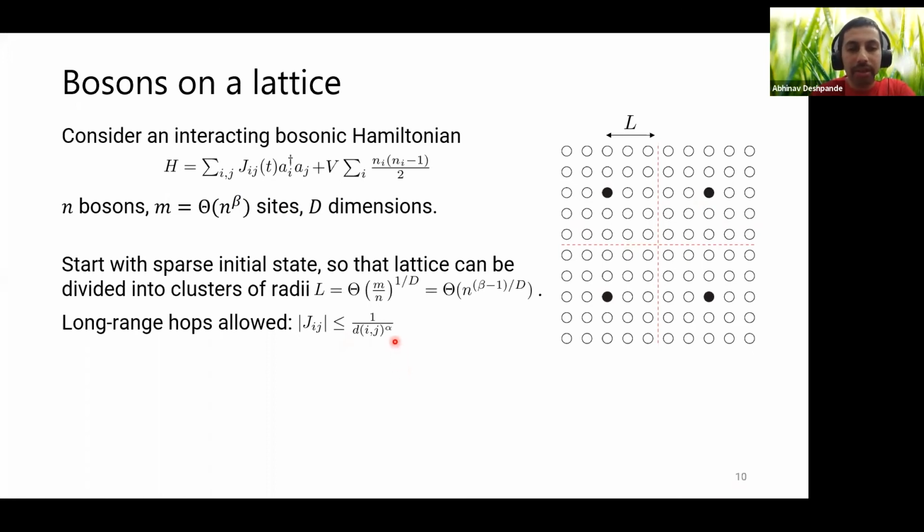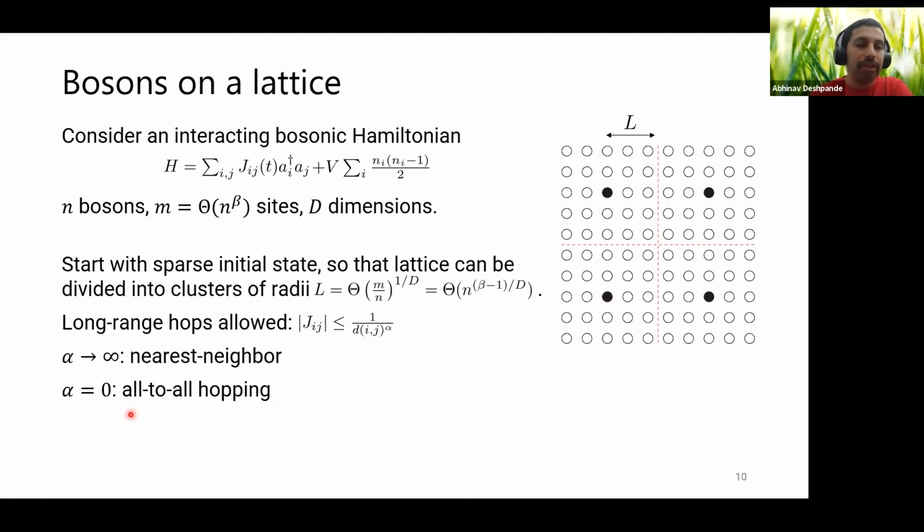And this exponent alpha in the power law is another important quantity in the problem. When alpha goes to infinity, this just corresponds to nearest neighbor hops from one site to another. And when alpha is 0, this just means all-to-all hopping, and there's no semblance of distance anymore.